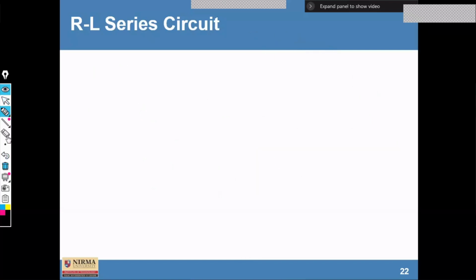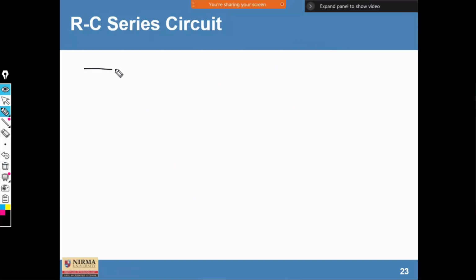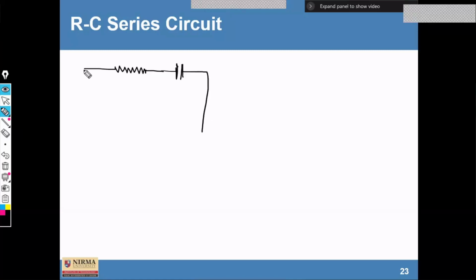Now let us discuss the RC series circuit. In the RC series circuit, there is not much difference, but instead of an inductor, a capacitor is connected in the circuit. So a resistor is there, and then there is a capacitor. Both are connected in series across the supply system.